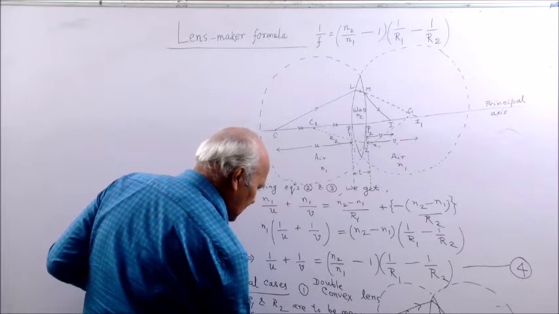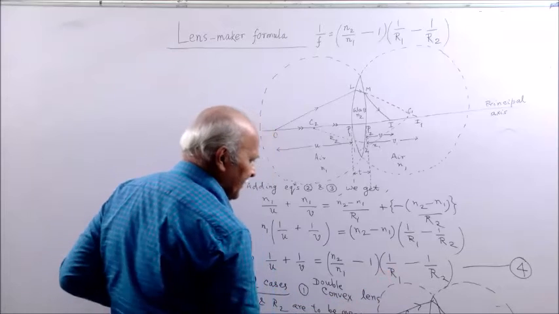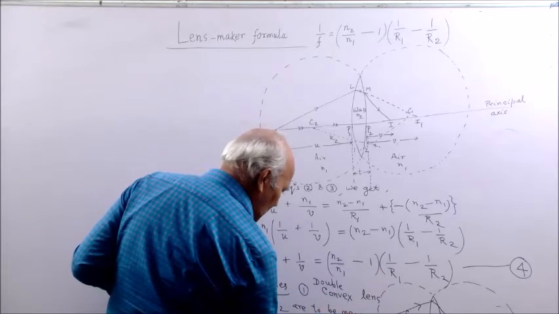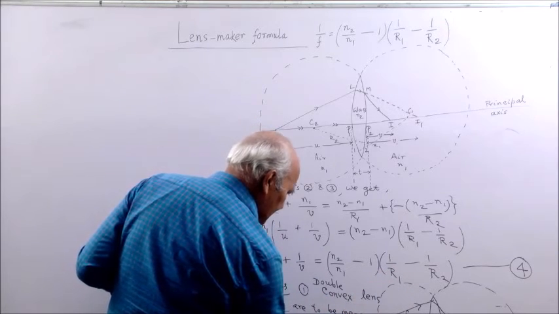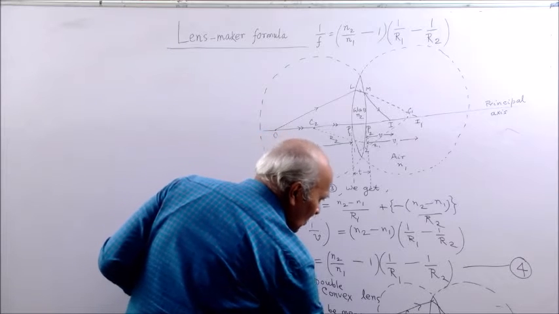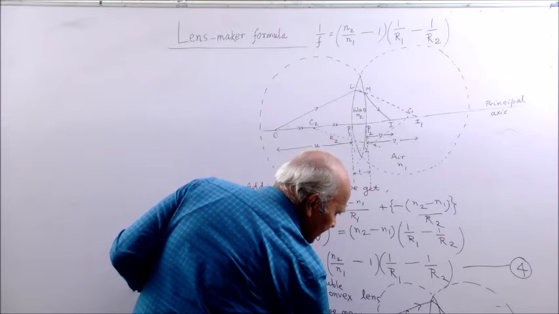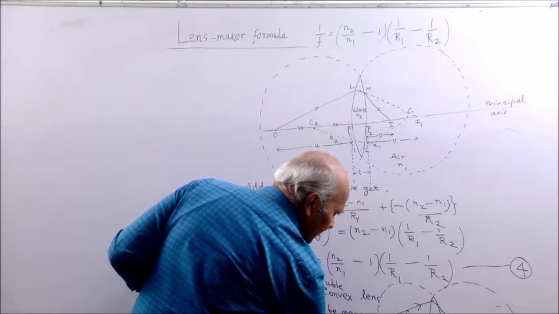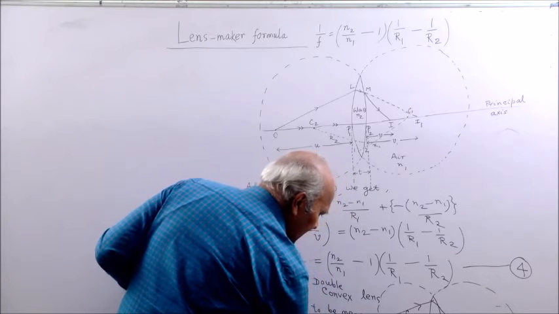So, here R1 has the same direction as the ray. So, R1 is positive and R2, which is measured like this, R2 is negative.